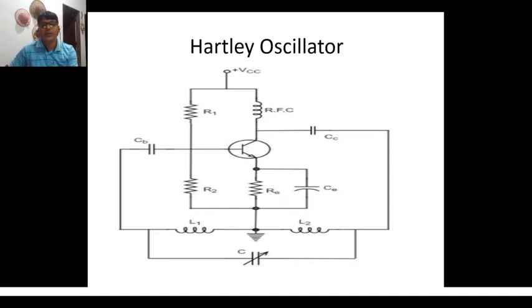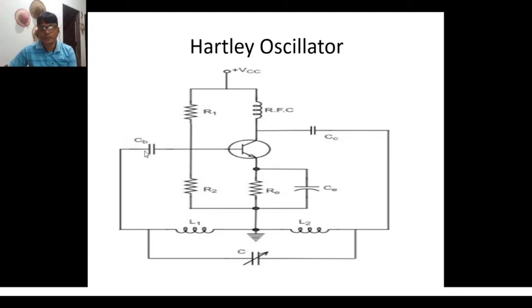The capacitor CC blocks DC and provides an AC path from the collector to the tank circuit. This is the tank circuit. Radio frequency choke RFC provides DC load for the collector and also prevents AC from reaching the DC supply VCC.